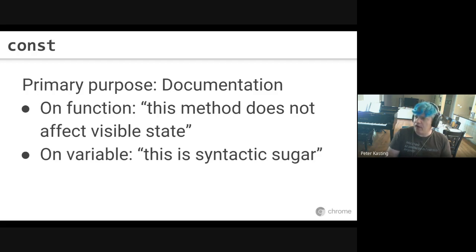And if you put a const on a variable, you're saying something like, this is syntactic sugar. It's a shorthand for this other computation that's either too long or I repeated it or something like that. So you can just think of it as this thing. Both of these are, ideally, when used well, going to reduce the amount of thinking that readers need to do in order to understand your code. Now, when used poorly, they're not going to achieve that end, and we'll get to that.